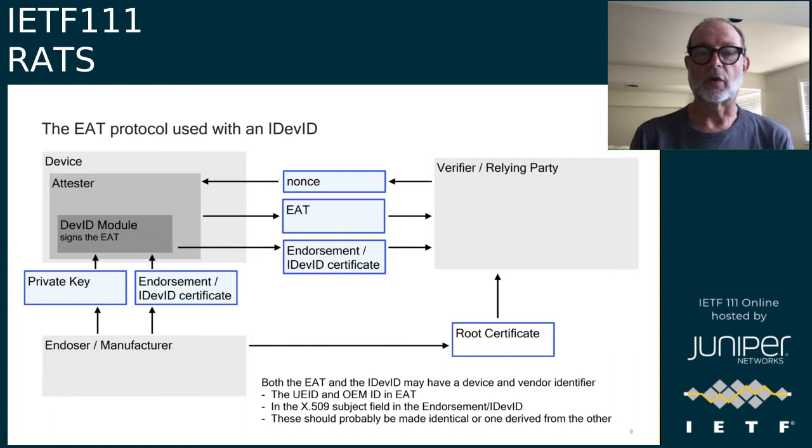One interesting thing to note is that DevID endorsement certificates have a serial number of the device, not of the certificate, in the X509 subject field. If they have that in the subject field, and there is also a UEID, I would expect those two to be coordinated somehow, so they're basically the same, or one is derived from the other, so there are no conflicting identifiers arriving at the relying party.